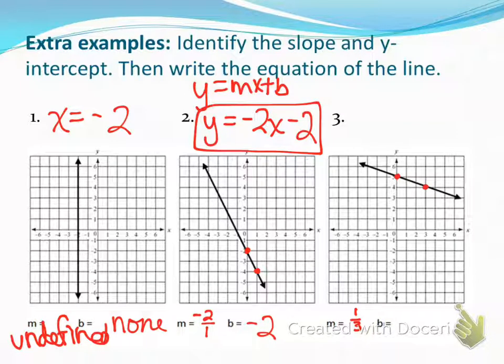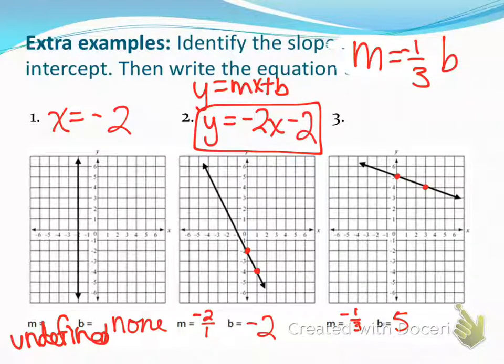Negative. Our line is going downhill, so we know it's got to be negative. And what about our y-intercept, Keon? Positive 5. I'll write it up here so we can see it better: m equals negative 1/3 and b equals positive 5.